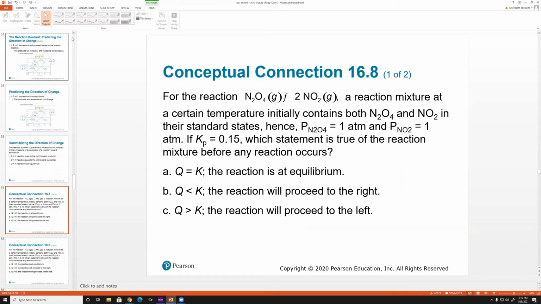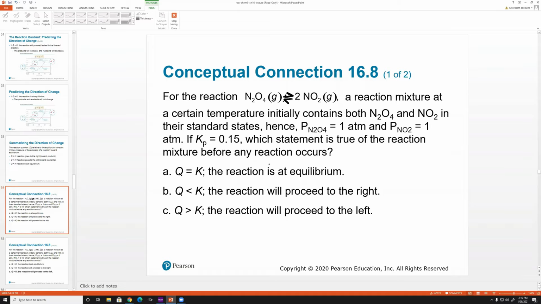Now we can do another example, and we're almost done with this review. For this reaction, N2O4 yields 2NO2. A reaction mixture at a certain temperature initially contains both the reactant and product at the same pressures. If Kp is 0.15, which statement is true about Q for the reaction mixture before any reaction occurs?